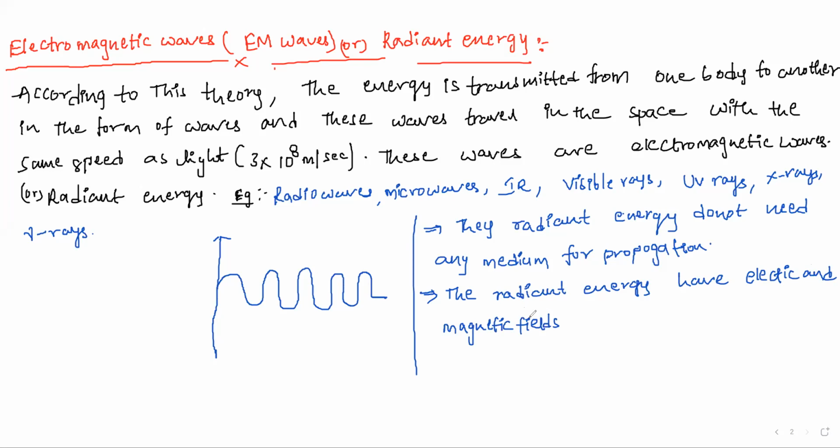The radiant energy have the electric and magnetic field. They travel perpendicular to each other. Okay.